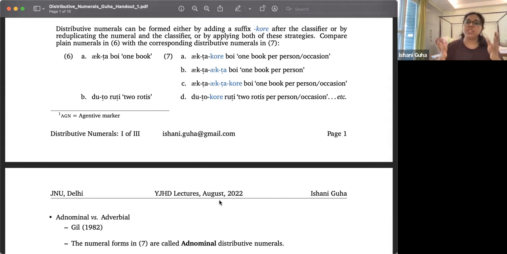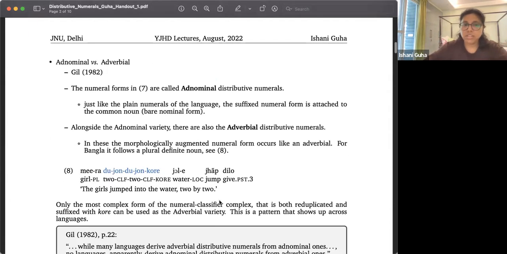That same form can be used as the template for the adverbial numeral in Bangla. Okay, and the adverbial numeral is associated. Associated doesn't mean they form a phrase or something like that. Associated means they are linked by meaning with a definite plural.